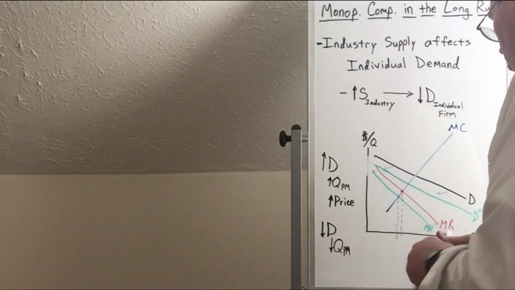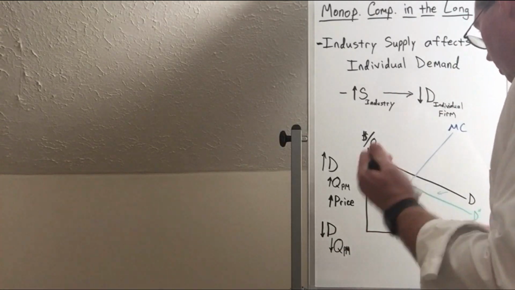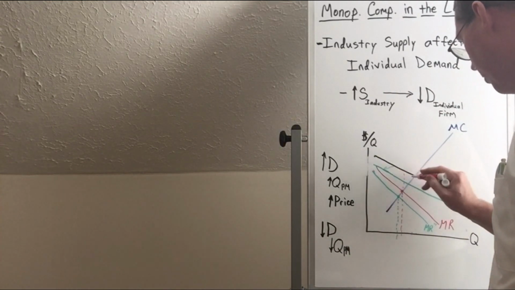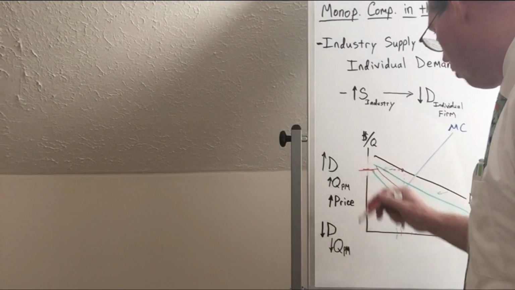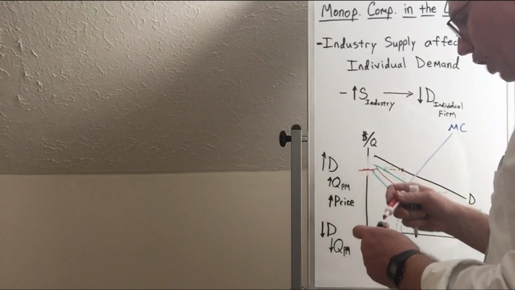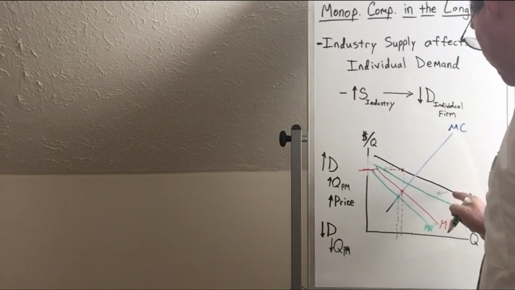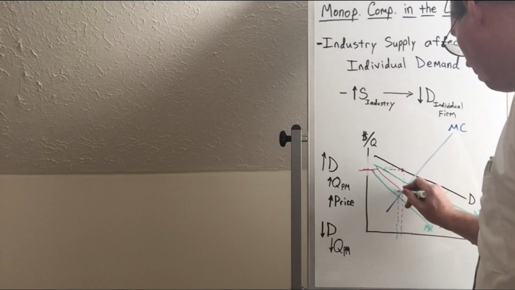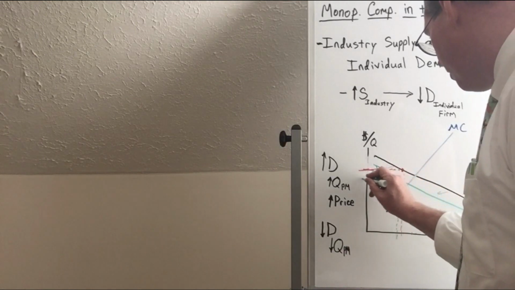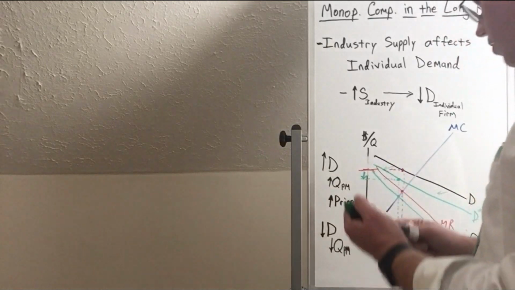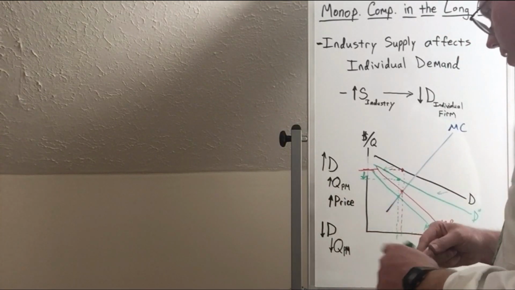Also, we can see the price: the original price would have gone up to this demand curve here and come over. This would have been the price before the change, but after demand decreases, our profit maximizing quantity goes up to our demand curve here, and you can see that there is a decrease in price.